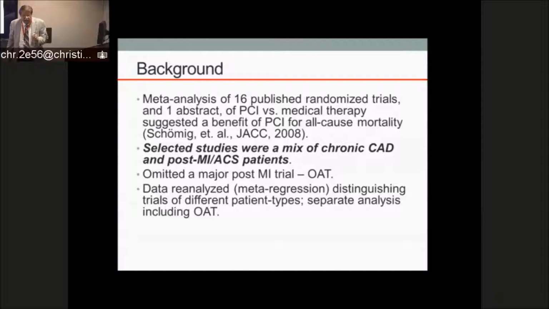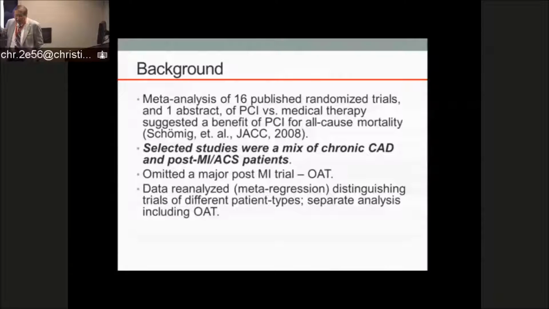However, it turns out that the studies that they selected mixed patient types. Of course, in looking at the study, I wouldn't know that, but the COURAGE investigators pointed out that some of the studies were looking at chronic CAD patients, but others were looking at post-MI patients.